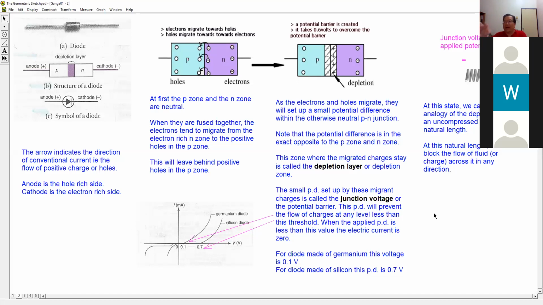When you remove a negative charge, then there will be a hole there, right? Then you ask, hey, is the hole moving? How can the hole move over to the other side? Let's say, for example, this side we have holes and this side we have electrons. Now, when the electrons go and fill up the holes on this side, take the electron, fill up the hole, so there are now holes on the other side, right?